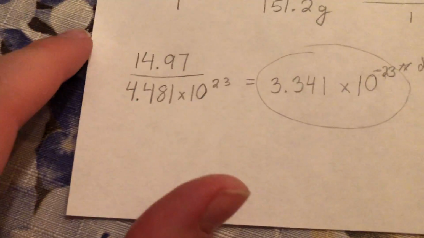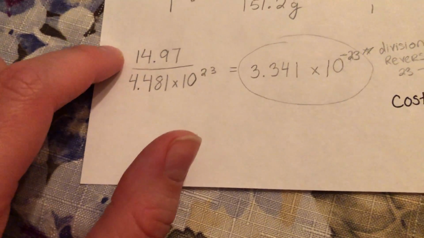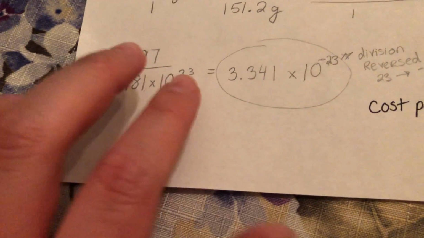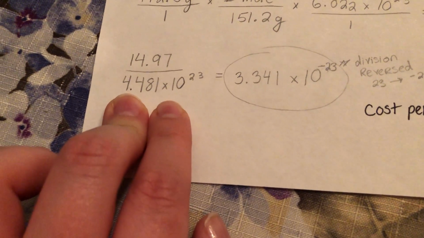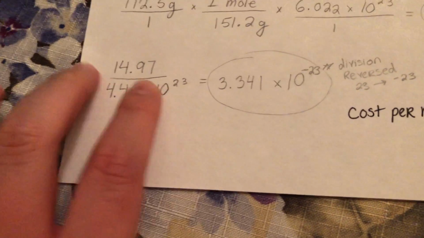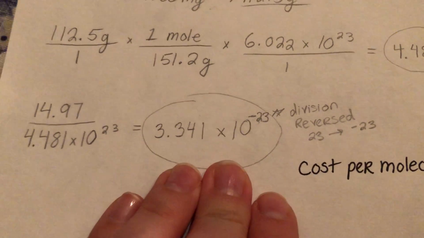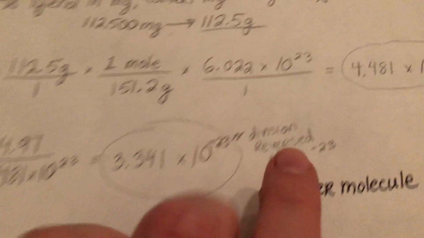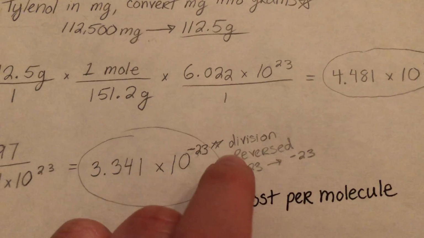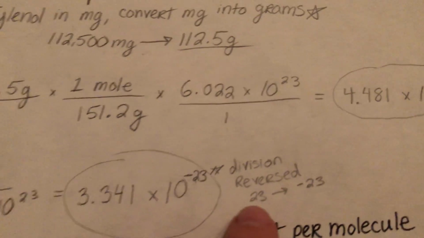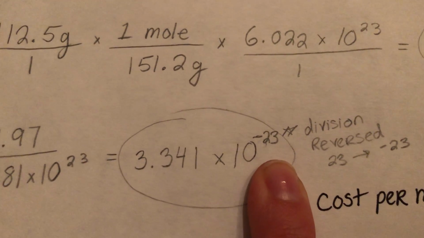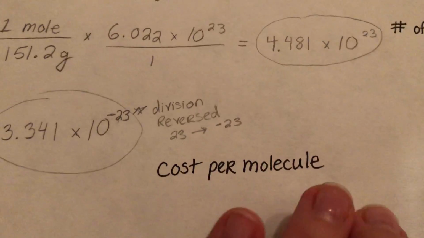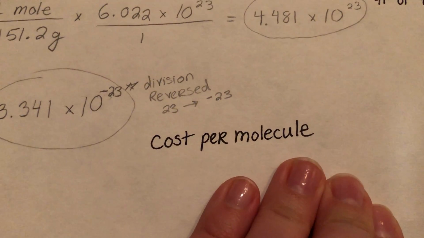I did 14.97 divided by 4.481 times 10 to the 23rd, and you end up with this. And then I had to make a note because when you do this, the division reverses the exponent, so it's negative 23. So that is the cost per molecule.